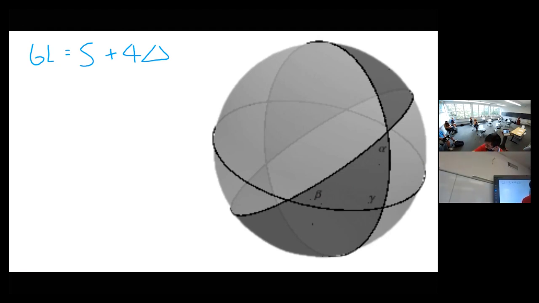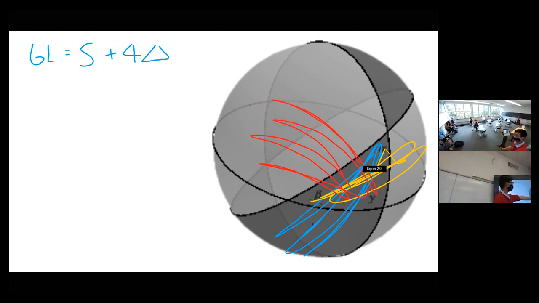If the triangle is part of lune alpha, we will count it once, and it will be the same time as counting any part that's not part of the triangle and the rest of the sphere, and this will all be part of the surface area of the sphere. However, we see that we have to count it again for the lune beta and lune gamma. So we have to count the area of the triangle 2 extra times on top of the surface area of the sphere.